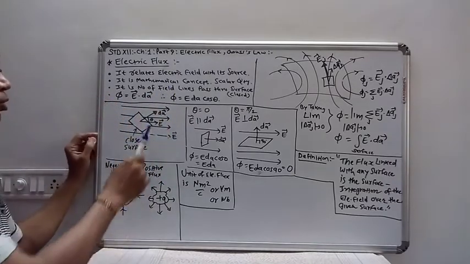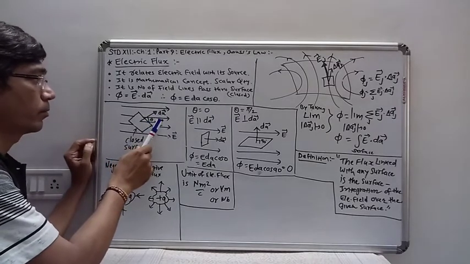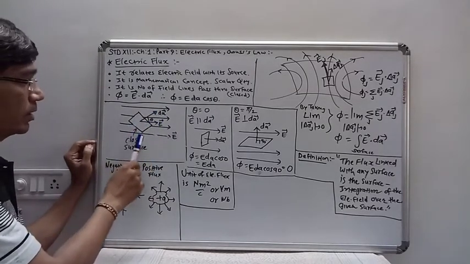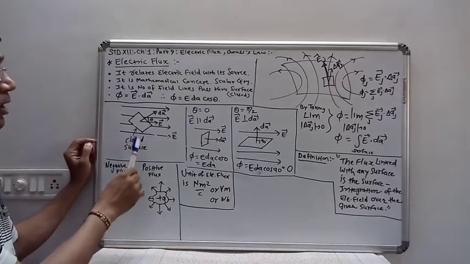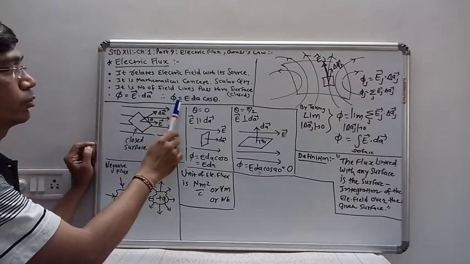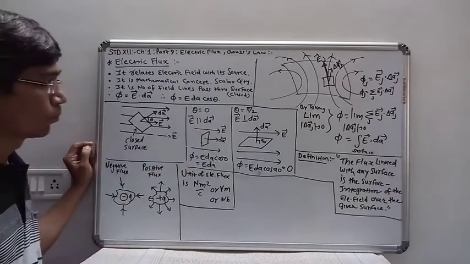The angle between E and dA is theta, and we are taking a closed surface. So flux is given by E dot dA, which is E dA cos theta.